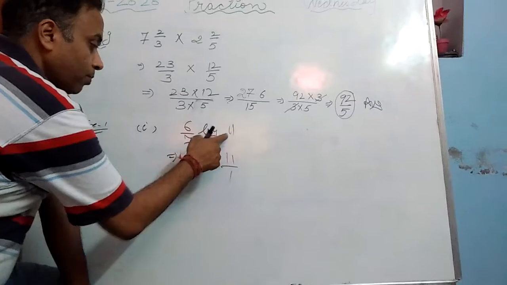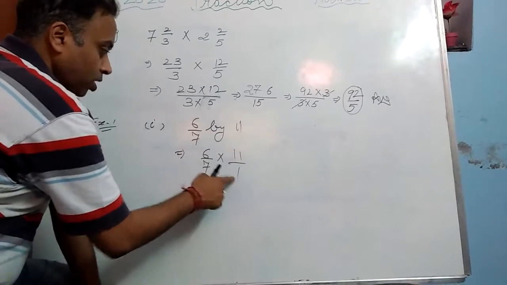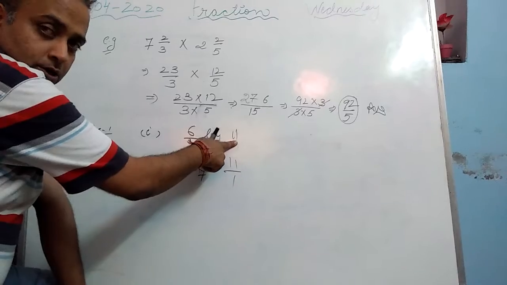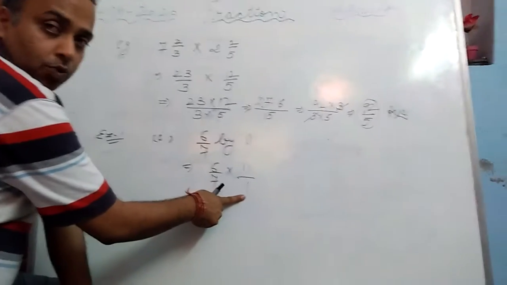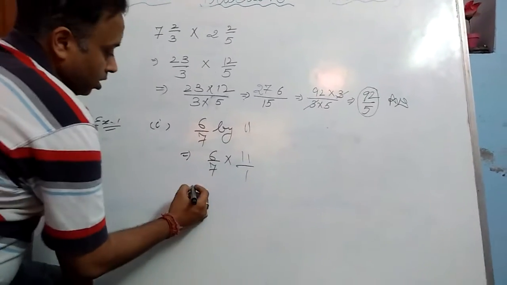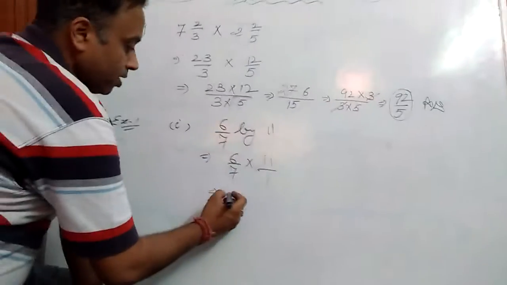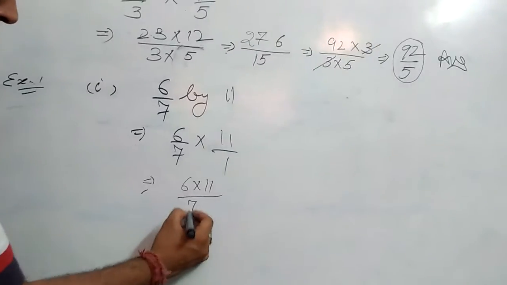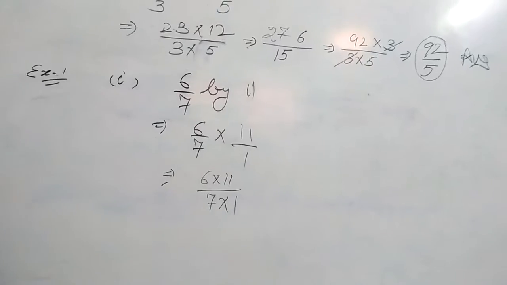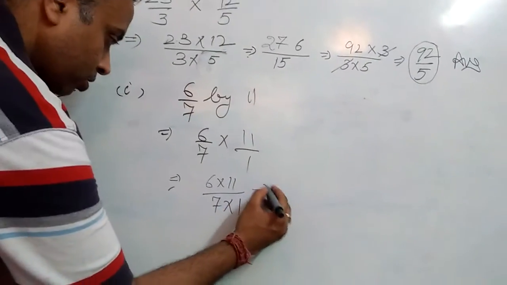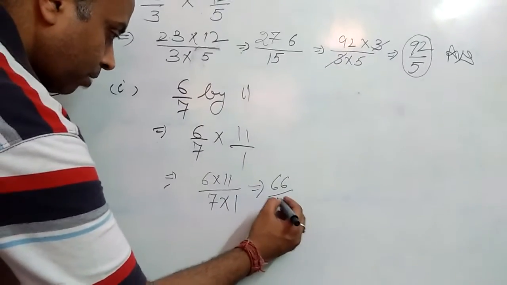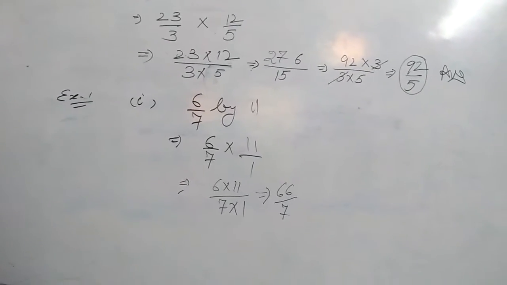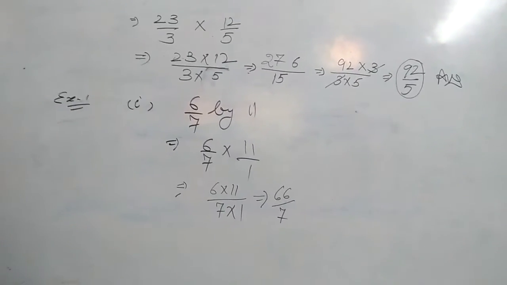Here I convert my number into the form of a fraction, because the denominator is not given, so in place of the denominator I write 1. Now according to the rule of multiplication, numerator multiply by numerator and denominator multiply by denominator. So now your result is 66 upon 7. This is the answer.